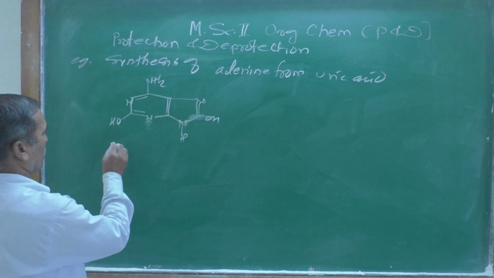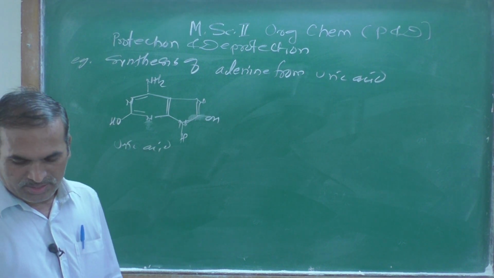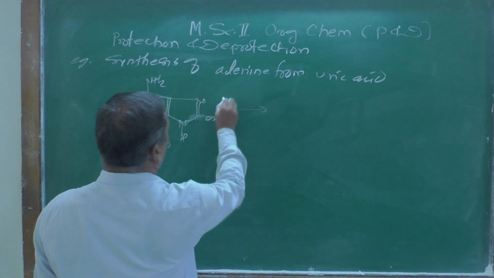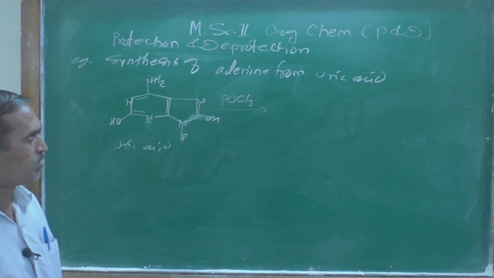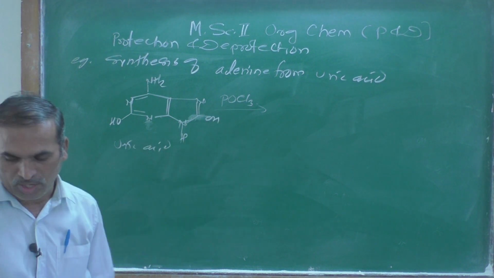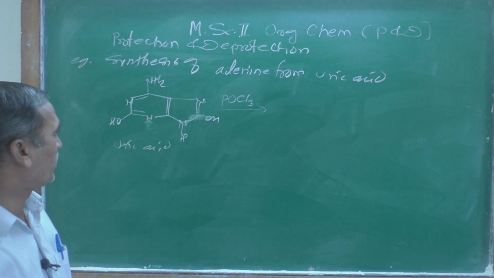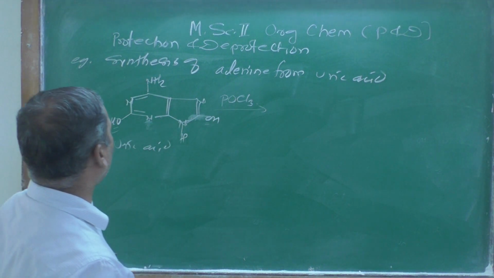This is the structure of uric acid, and it is further treated with POCl3, oxyphosphoryl chloride. When it is treated, both the OH groups get replaced by chlorine atoms.